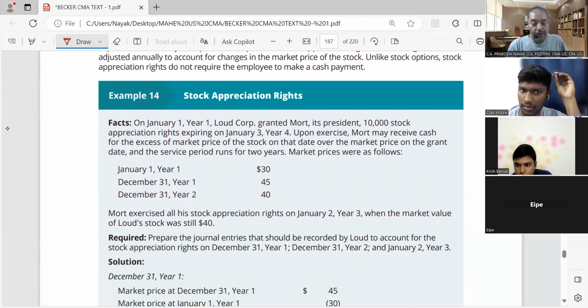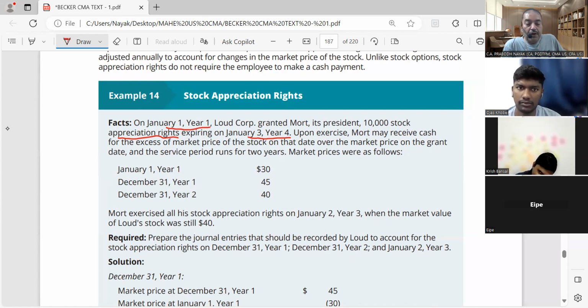On January 1st, year one, Loud Corporation granted Mart, its president, 10,000 stock appreciation rights, expiring on Jan 3rd, year 4. Upon exercise, Mart may receive cash for the excess of the market price of the stock on that date over the market price on the grant date.